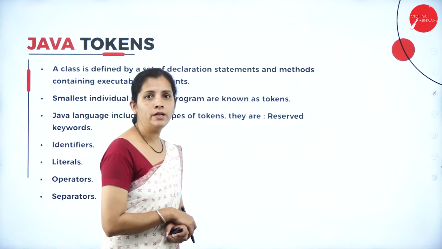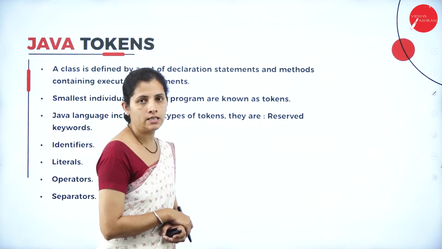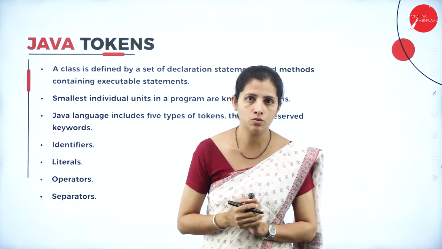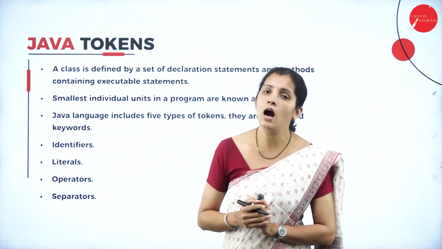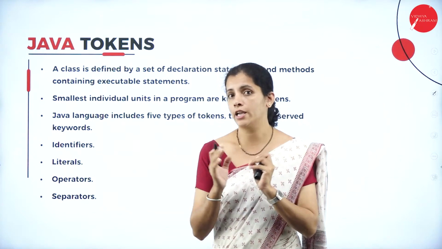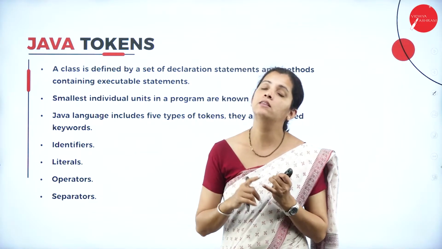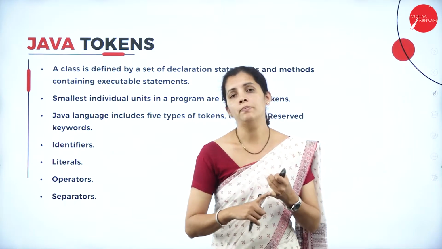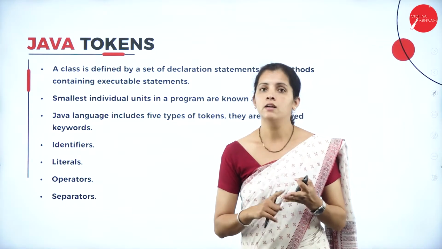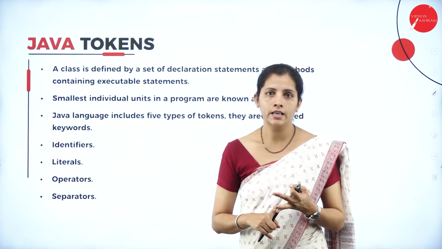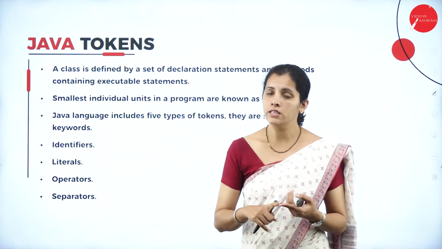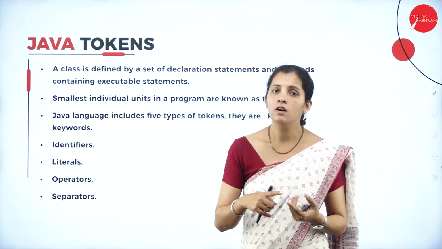Before that, let me consider an example. Think that I want to construct my new house. To construct my new house, what ingredients or materials do I require? At the beginning I require a place, that is nothing but property. Then I require money. Along with that, I require labor. Along with that, I require cement, rod, all those things.